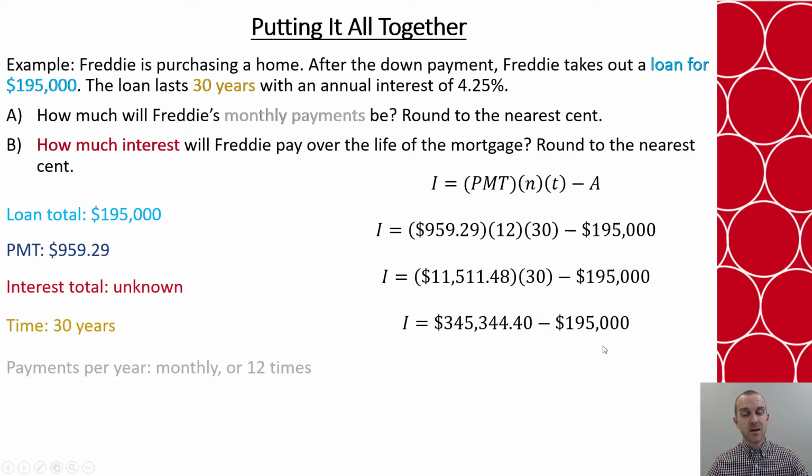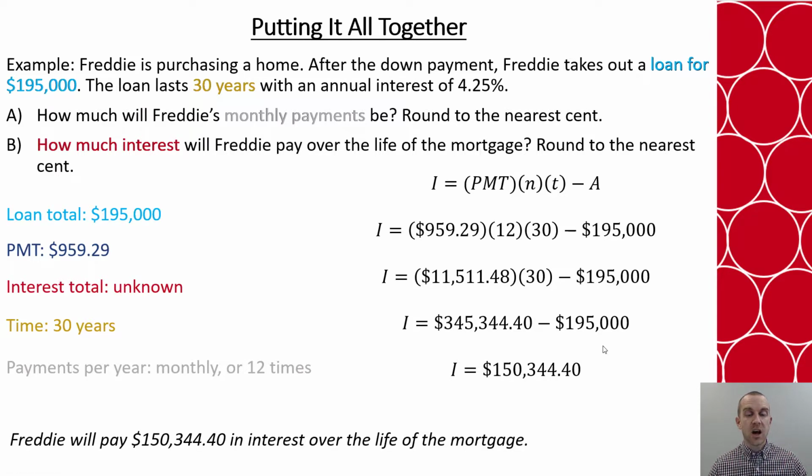And now we're going to subtract that original amount, which means that in the case of a 30-year loan, Freddie accrued $150,344.40, which helps you understand why banks and loan companies want to give people 30-year loans. Think about that. Over the life of that loan, just from one loan, the bank will make $150,000 in interest, which is a huge amount of money.